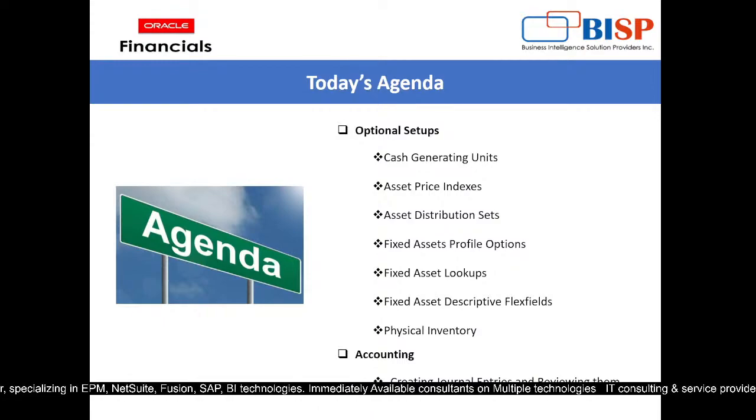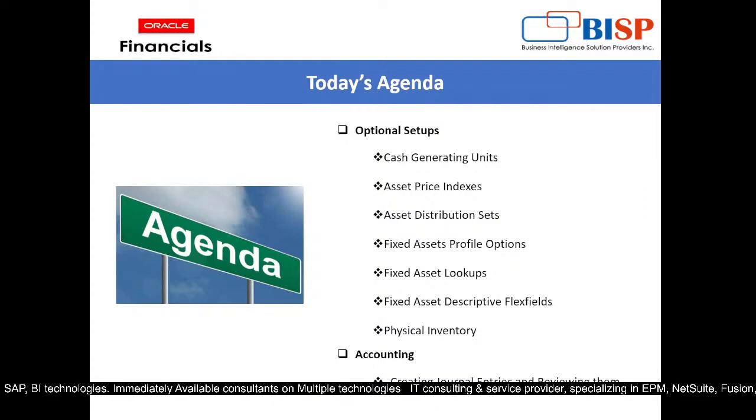After that, we will see how the create accounting process is run. We will see the general entries and try to create one adjustment entry, and we'll see the create accounting process and the execution reports. So let's begin with today's session.